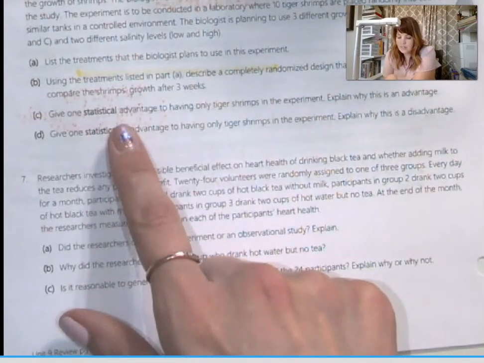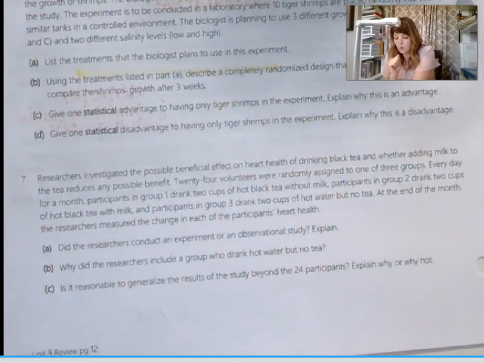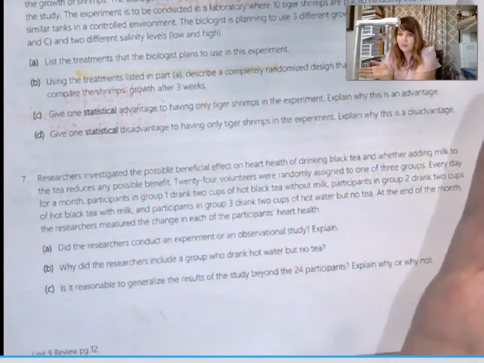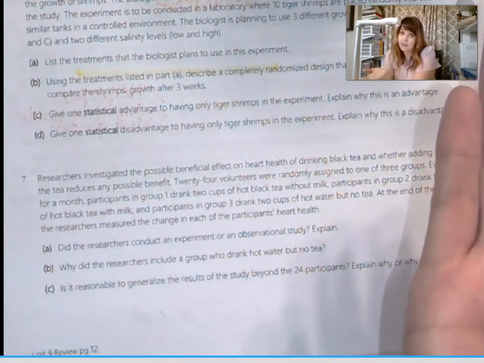C, give one statistical advantage to having only tiger shrimps in the experiment. Well, if you only have tiger shrimps, then you don't have any confounding with other types of shrimp. So that's one advantage.